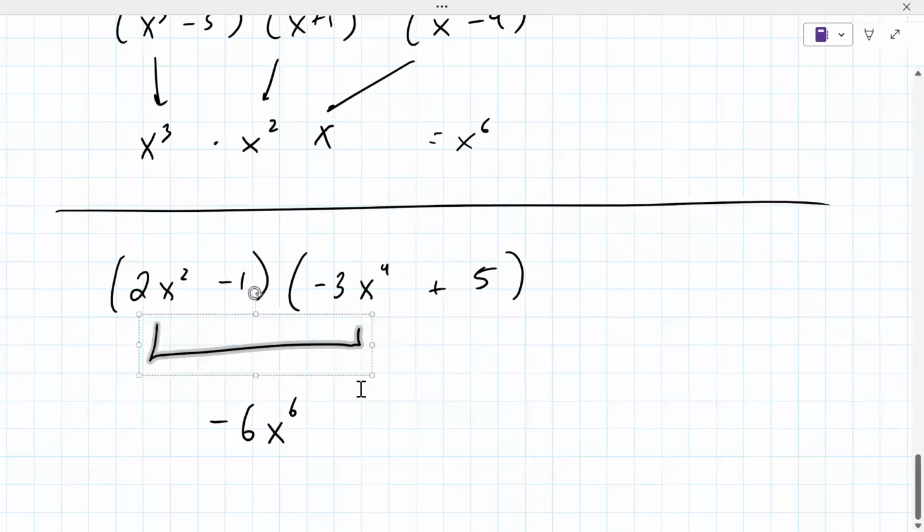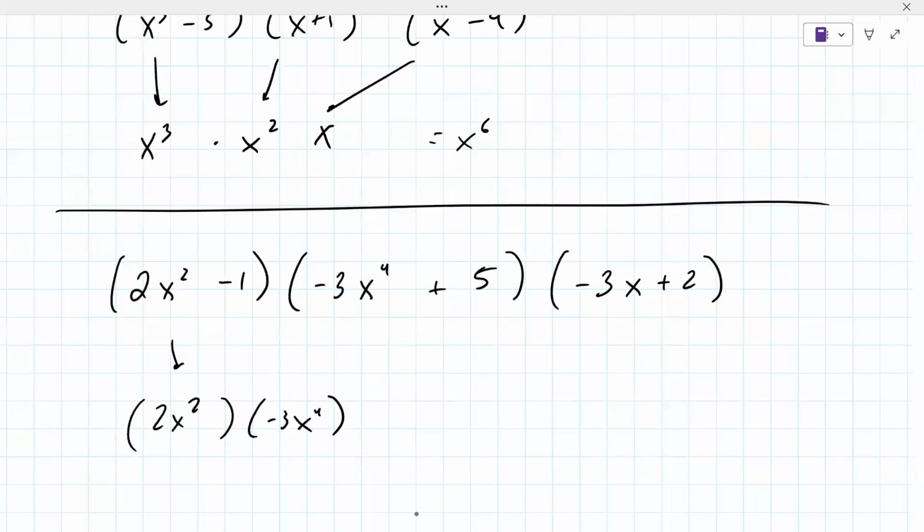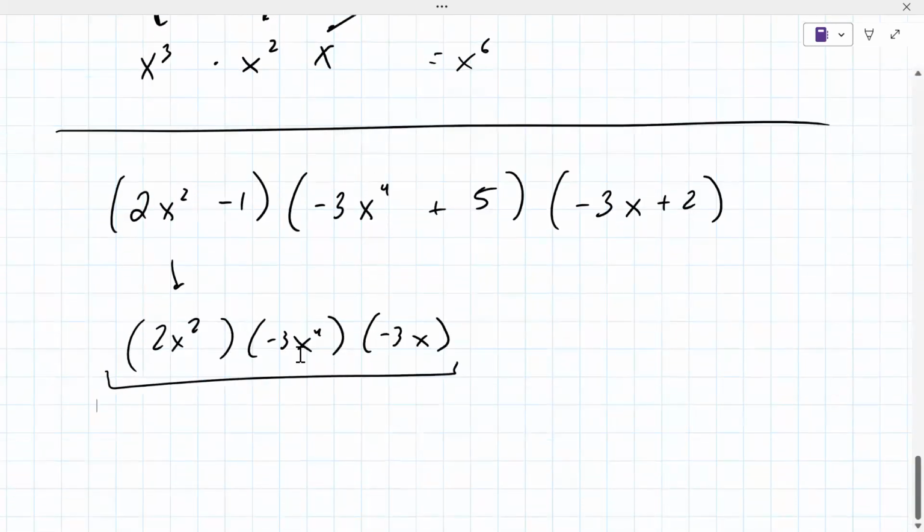Now the thing is, we can extend this. What if it's like minus 3x plus 2? Okay, so then what is it? Well, it's 2x squared, you bring that down, minus 3x to the 4th, you bring that down, times minus 3x. And the leading term of the whole thing ends up becoming 18x to the 7th.